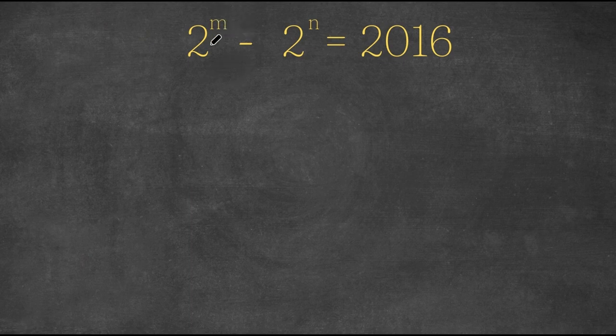Because 2016 is positive, we know that m has to be greater than n. Because if n was greater than m, this would actually be negative 2016.